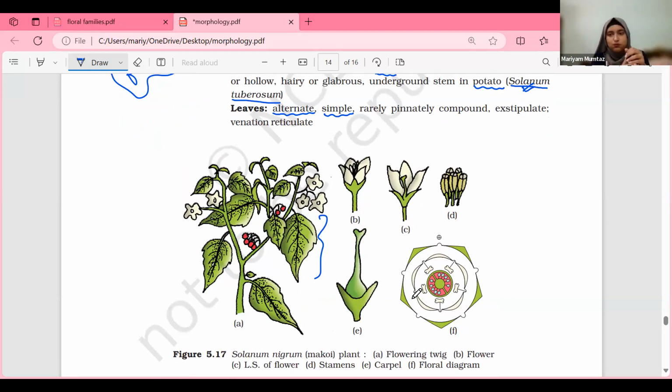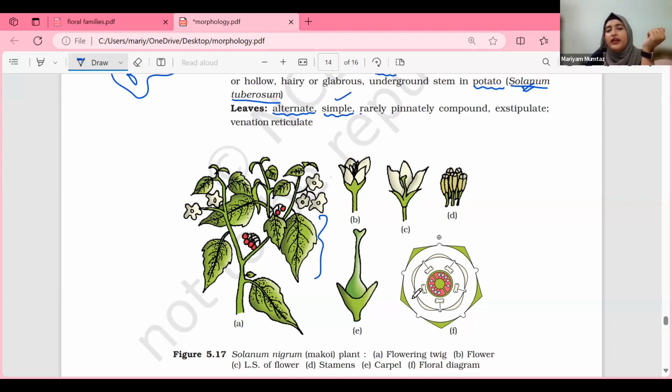The incisions don't reach the main axis. Yes, correct. None of the incisions or serrations are reaching the midrib. It is entire. So that is why it is simple.